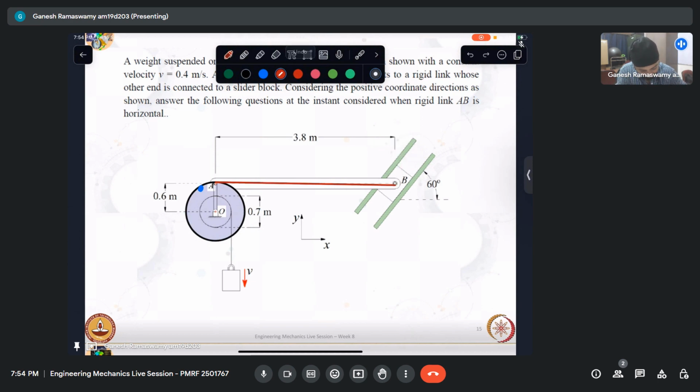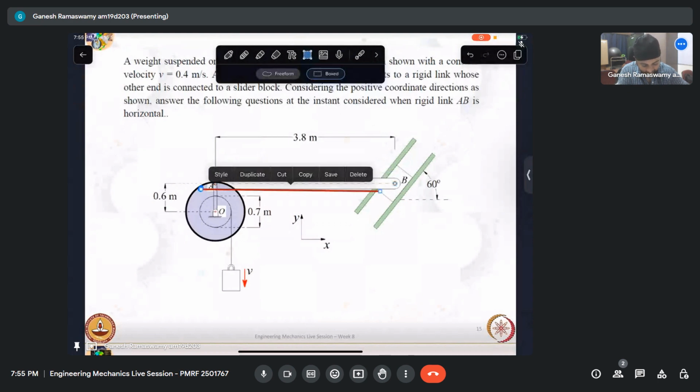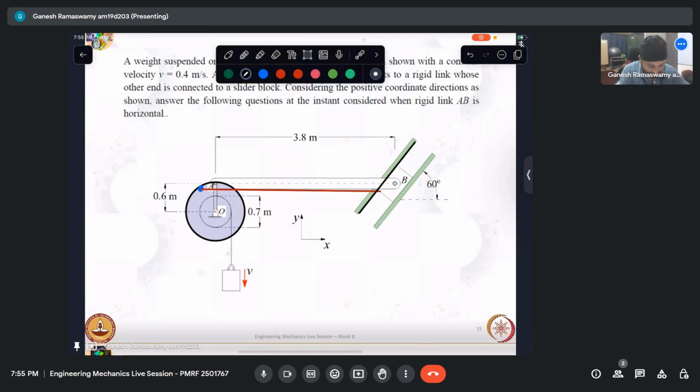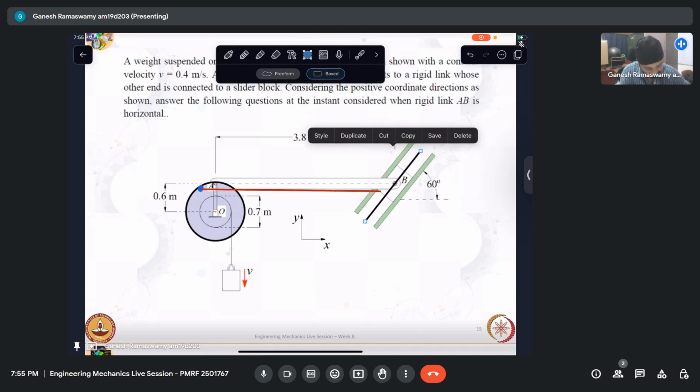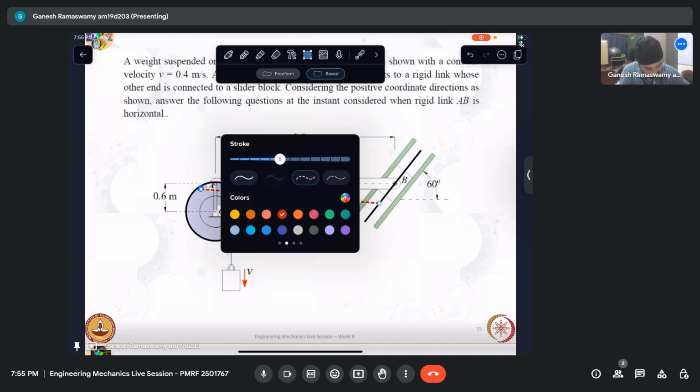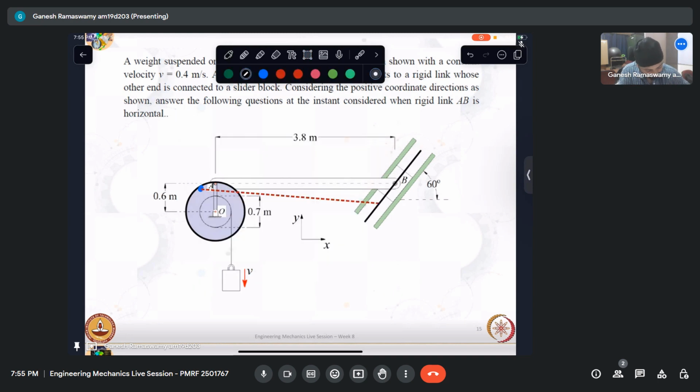So if I move this here and draw a circular arc, since this is the path, B necessarily has to be along that direction only. So if I draw a circular path, this would have been my point B at some instant just before it became horizontal. So that is how it is.